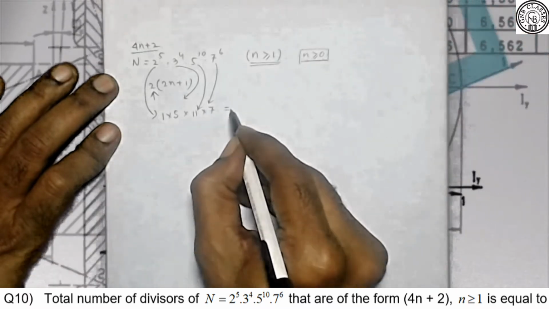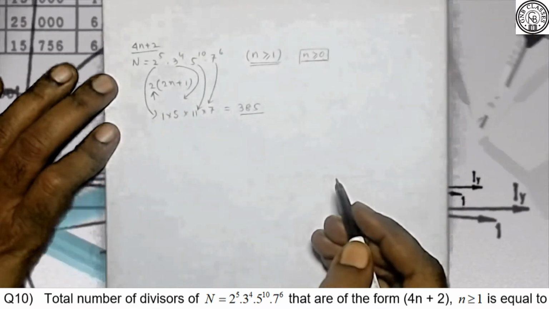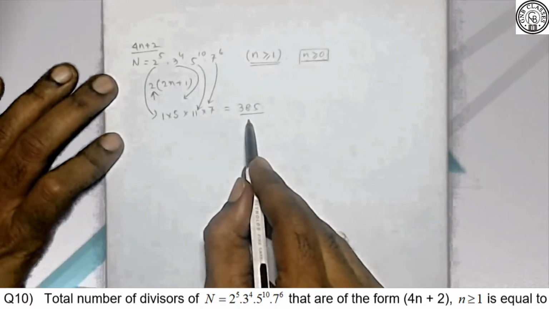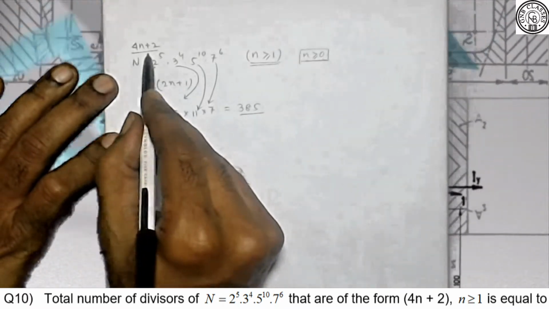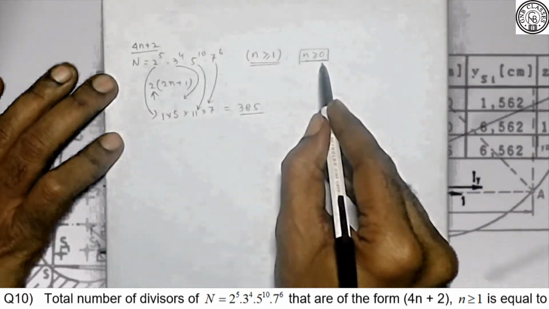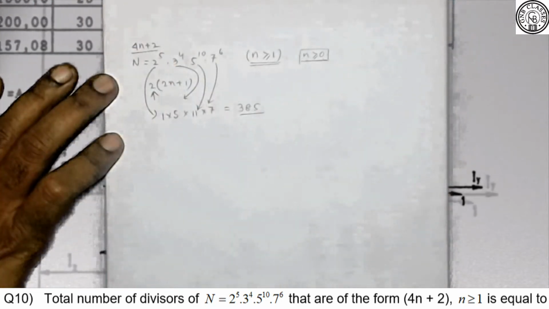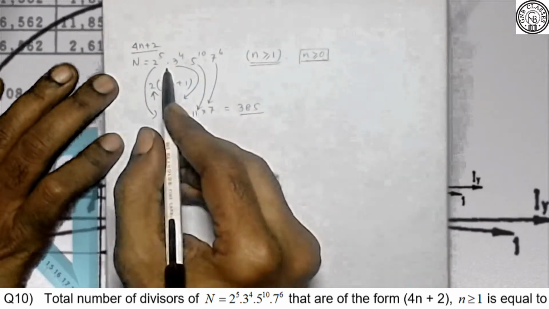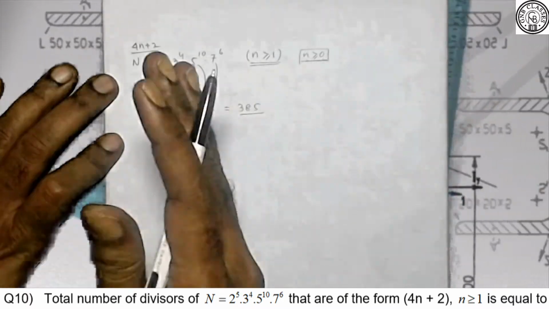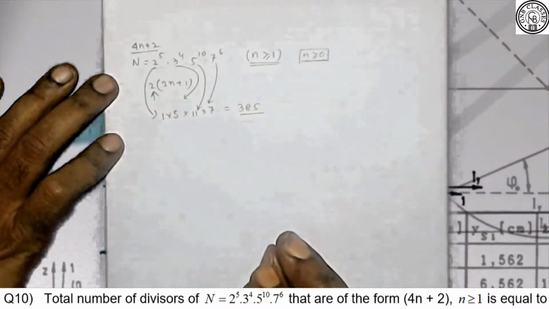Correct? So it is coming to 385. Is it clear? So there are 385 divisors of the form 4n plus 2, but in that case you are considering n greater than or equal to 0. That exact sum we have done in the previous one. The only difference was that the numbers were different. The problem structure was the same.